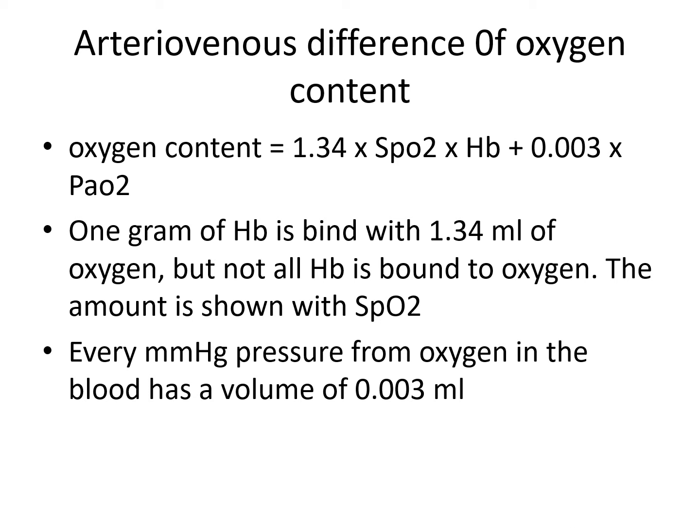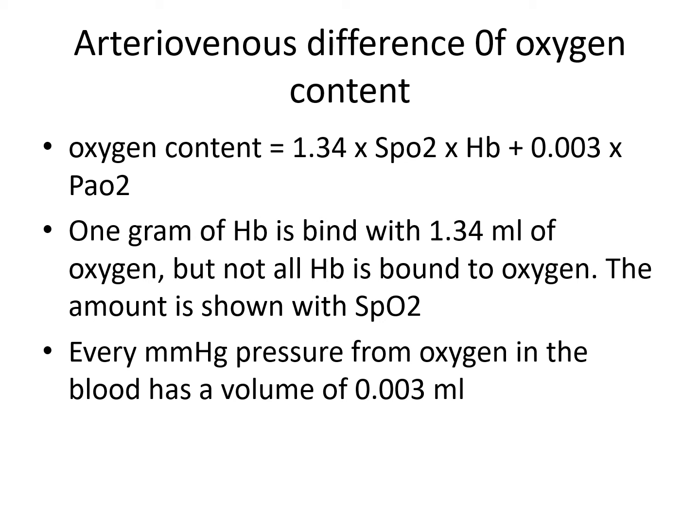What is the meaning of arteriovenous difference of oxygen content? Oxygen content is the volume of oxygen in our blood. For the arterial part or every place, the formula is the same, but the difference is very important.